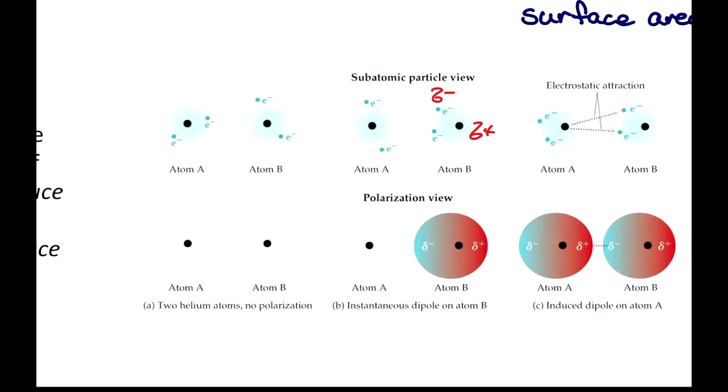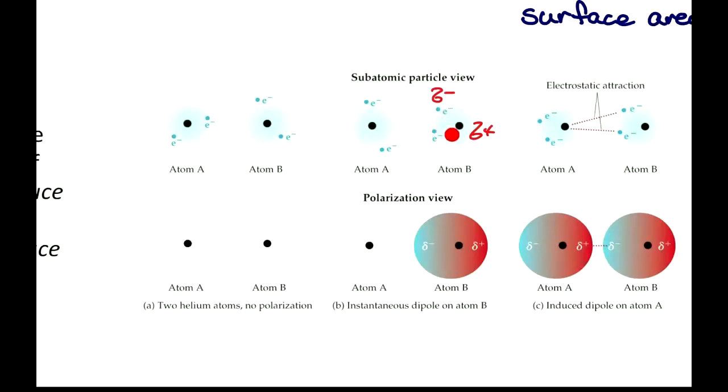And what happens is that you can induce, with that temporary dipole, another dipole in a neighboring atom. If you are an electron over here and you're looking at this other helium atom that has a temporary dipole, are you attracted to any certain part of the neighboring helium? You should be.